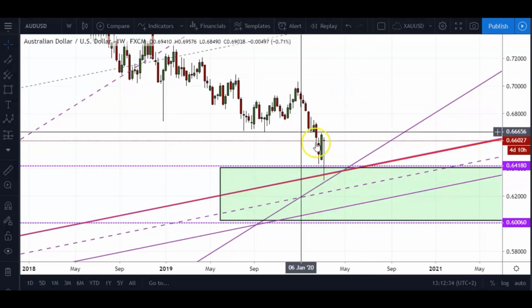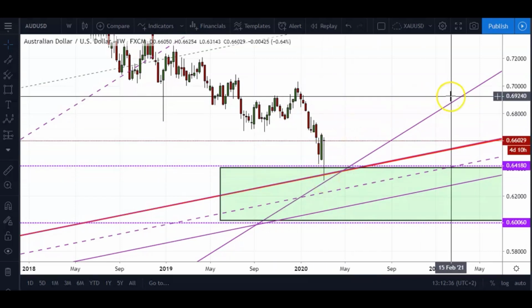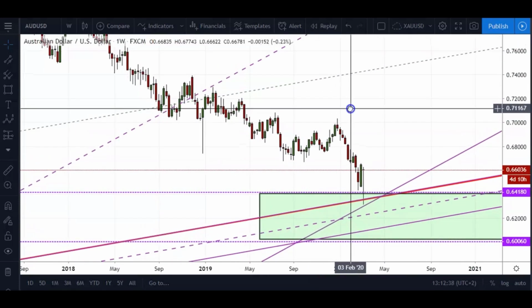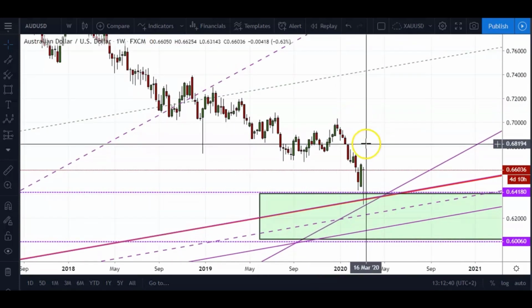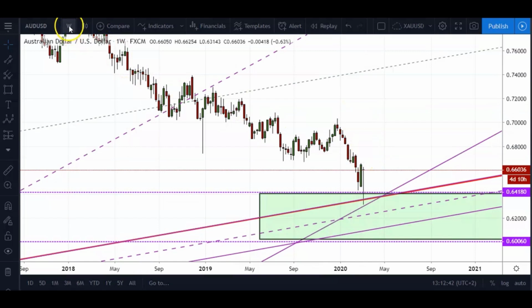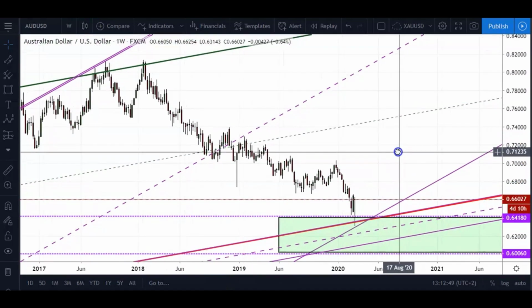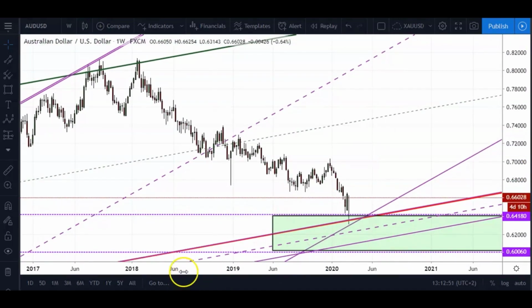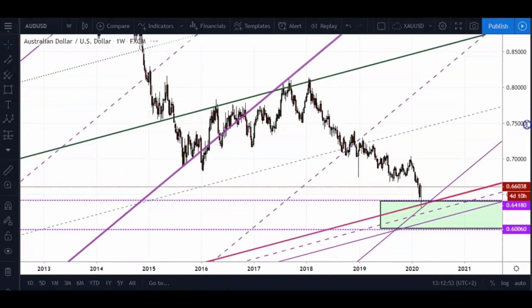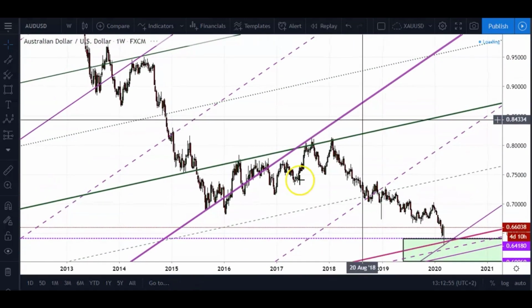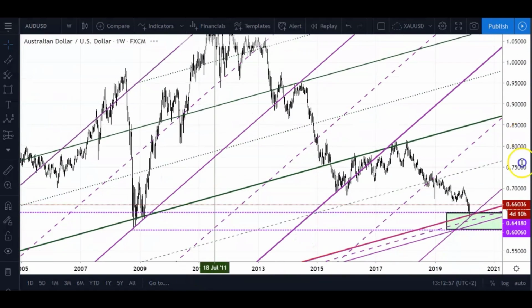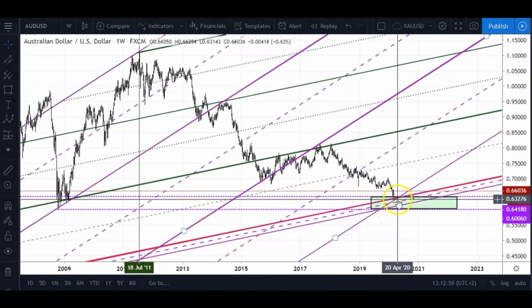Now, whether this is an important low remains to be seen, but this is where I would start waiting. Since we looked at the monthly, we drill down to a weekly, and use the weekly to figure out what this sort of move was, all the way down into this lower line over here.